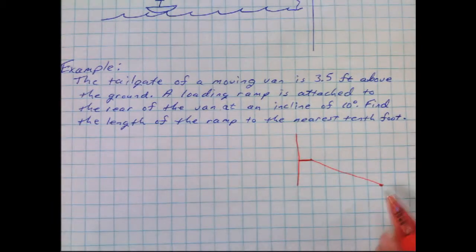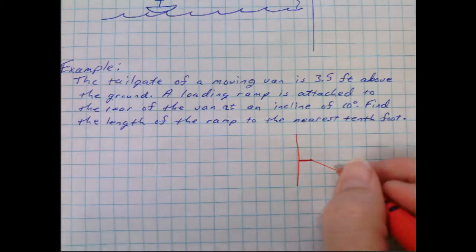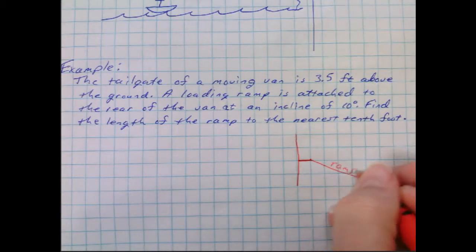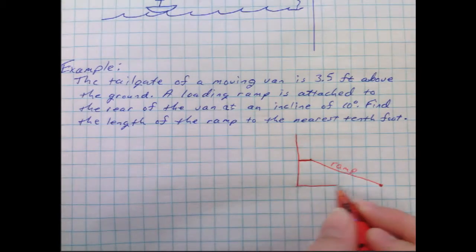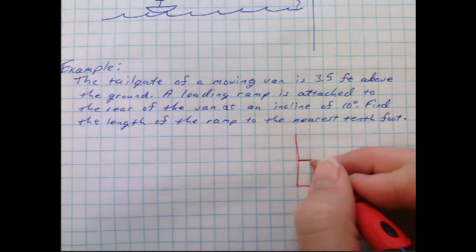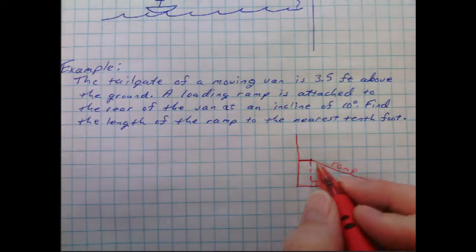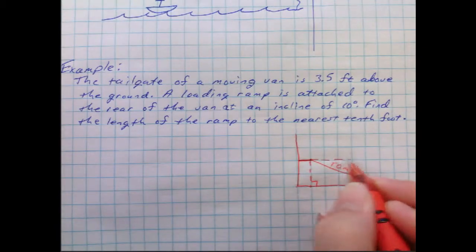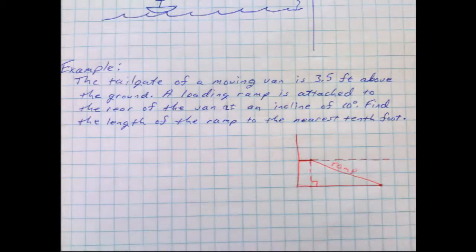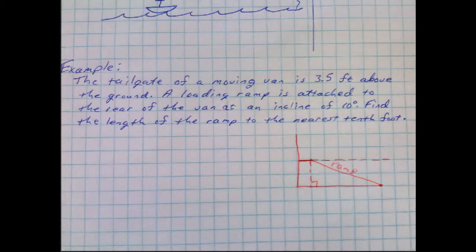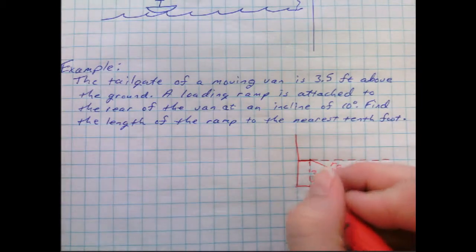Alright, so here's our tailgate. We've got a ramp attached to it, so here's our ramp. There's the ground. There's our 90-degree angle there. And then here's our horizontal. The moving van tailgate is 3.5 feet above the ground, so this is 3.5.